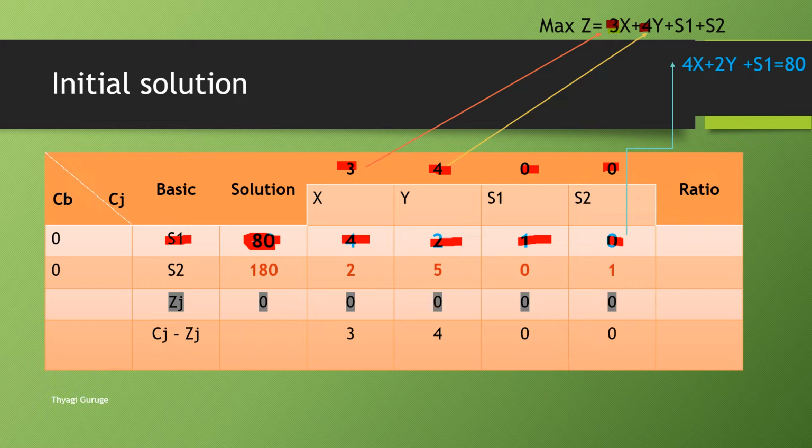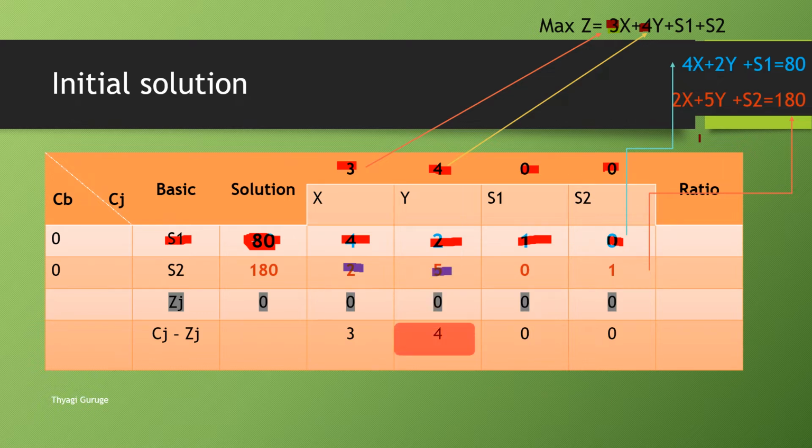Now, the next constraint is my limitation of polishing hours. In the polishing hours, we can see that it is 2x plus 5y plus S2 equals 180. Here we are going to put 2 under x and 5 under y.